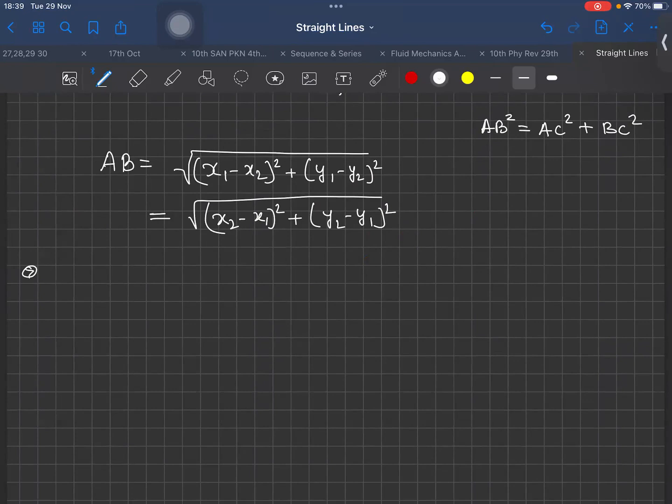So let's solve a problem. Two points are given, A is (6, -1) and B is (2, 3). Just find AB.